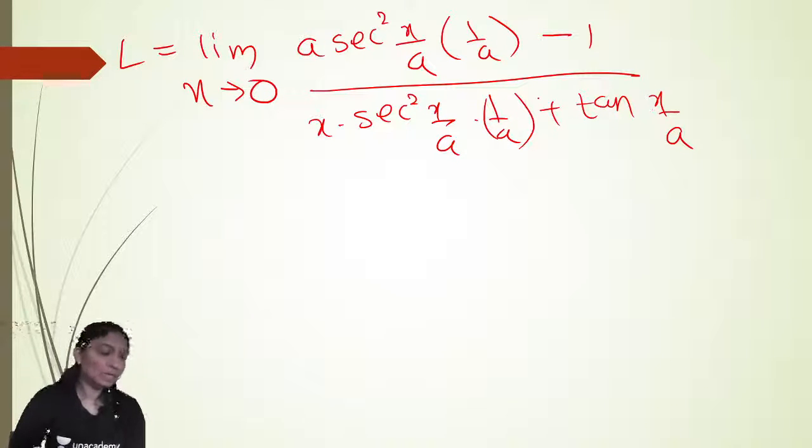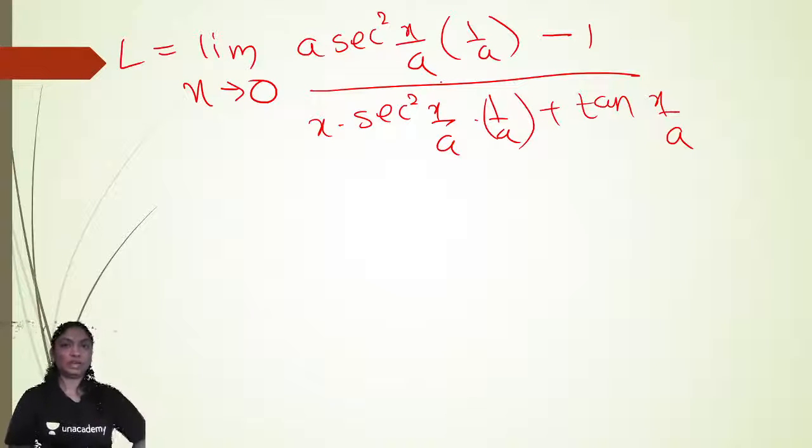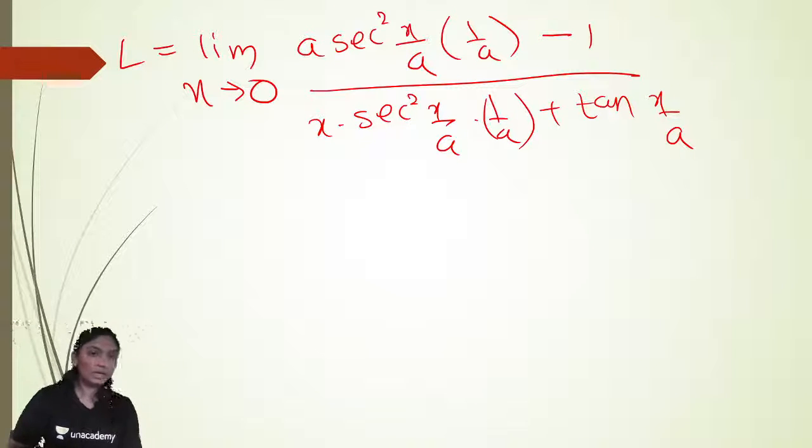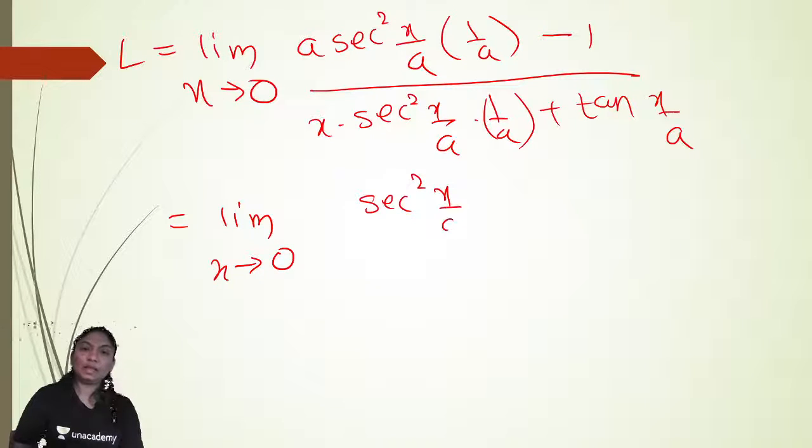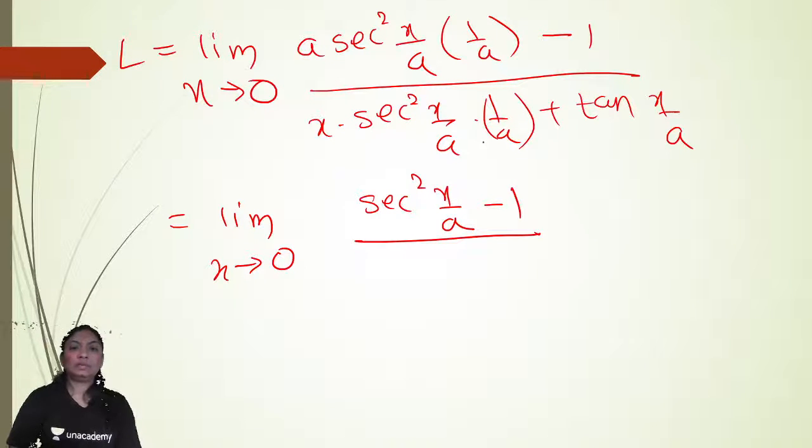Right? Now put limit as x tends to 0. So again limit as x tends to 0, we will get this a and this a cancelled out. So sec square x by a minus 1. Right? Here you will get limit as x tends to 0, sec square x by a minus 1 upon this 1 by a.